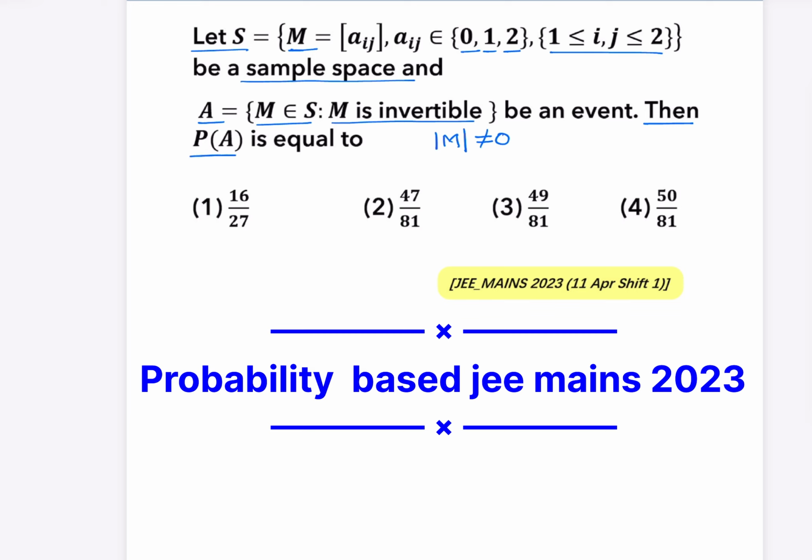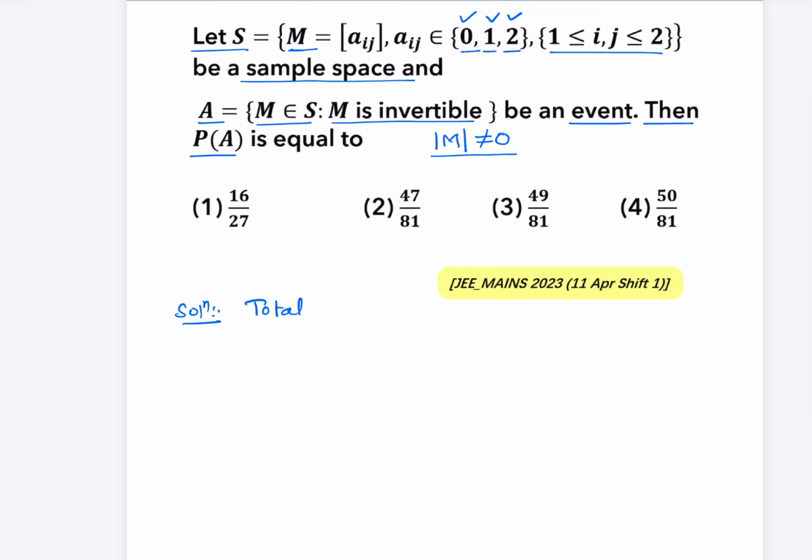So basically we have to find the probability of A, where A is an event where the determinant of M is non-zero. If we write the total such matrices with entries 0, 1, 2, let's say A, B, C, D, we can choose A value either 0, 1, 2.